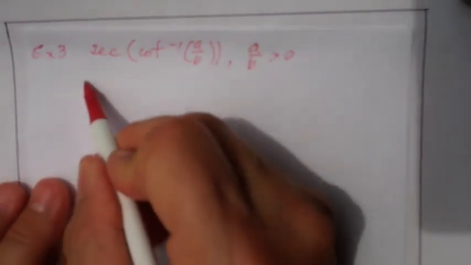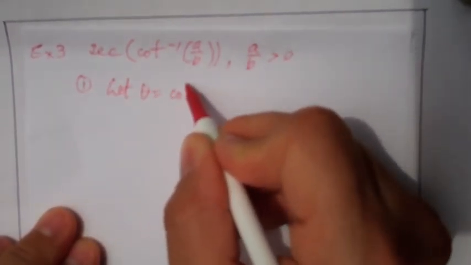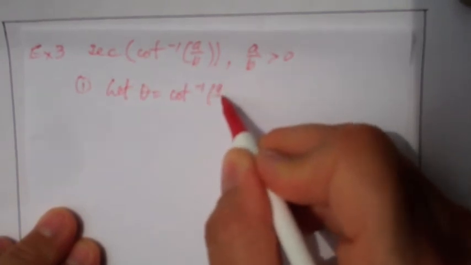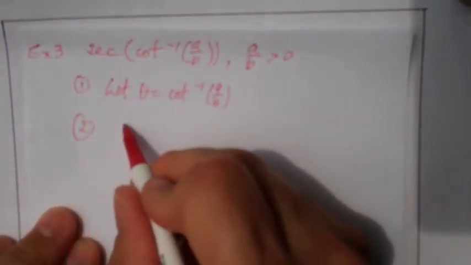Okay, so again, following the same procedures, it doesn't matter that it's abstract, that I don't know what a and b are. I can still work this problem. So I still say let theta be cotangent inverse of a over b. Then what I want to evaluate is the secant of theta.